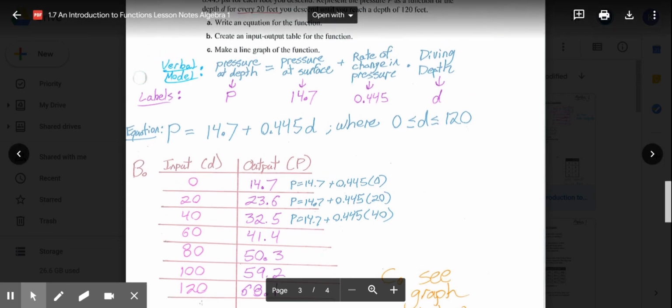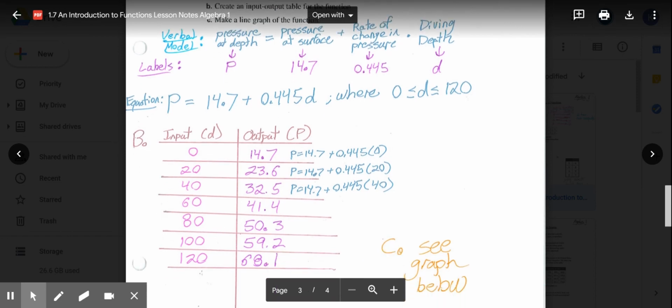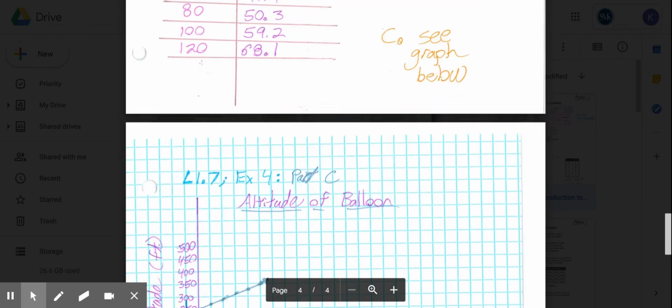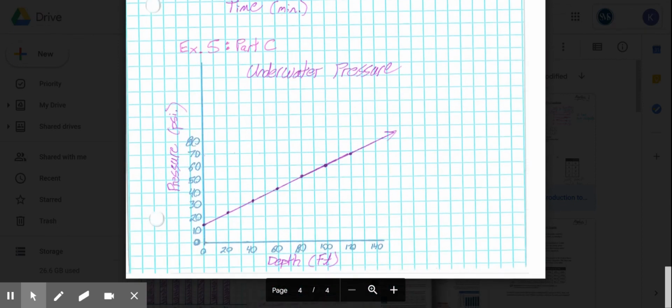And then for part C, it asks us again to make a line graph of the function. So we have our inputs, which are going along the x-axis. The input's always your x-axis, and the outputs are your y-axis.